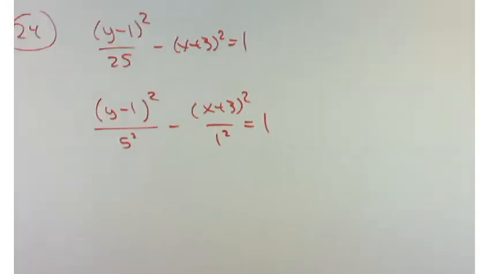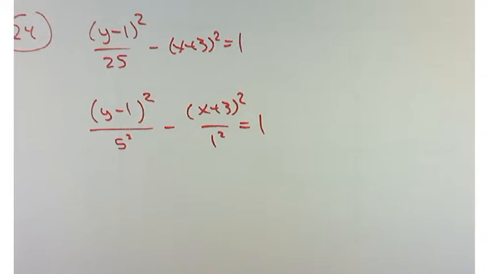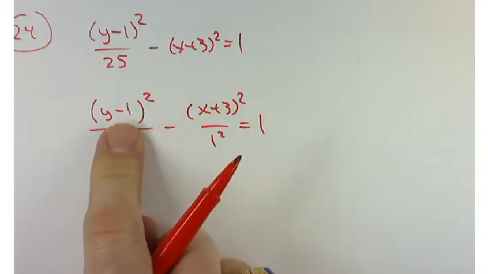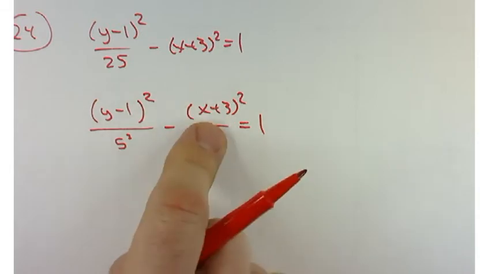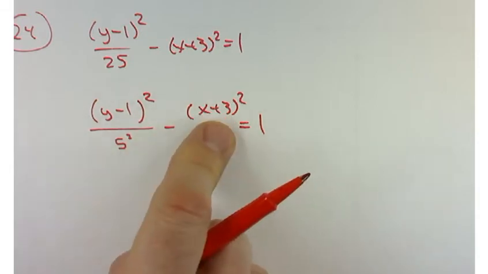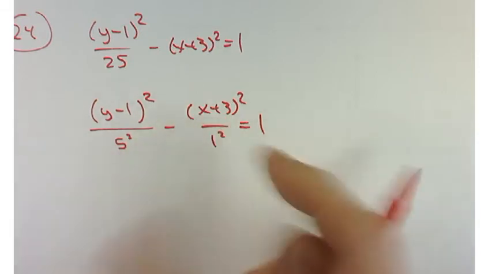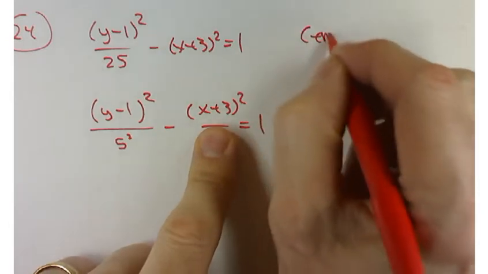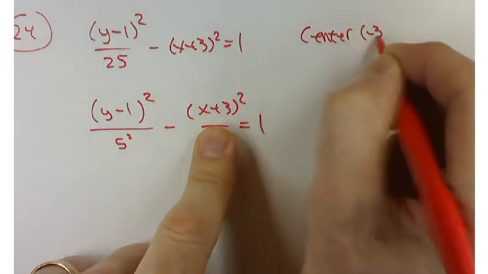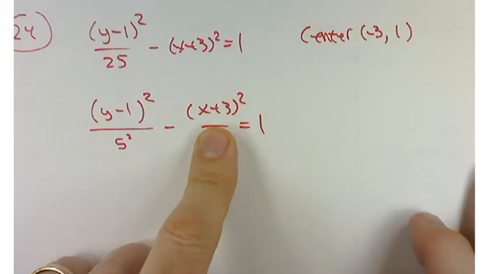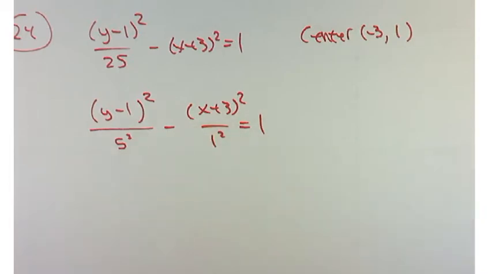Now, kind of a trick question here. Not intentionally, but just by the nature of this. What's the center of this? Yeah, it's really tempting to just read it left to right, x and y. 1, -3, but that's flipped, right? It's -3 for x, and 1 for y. So you got to be a little bit careful there.